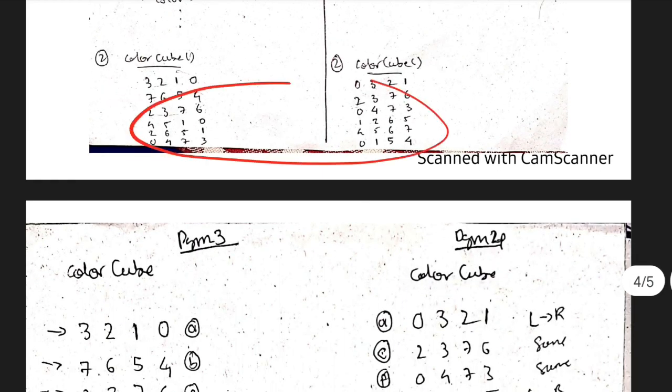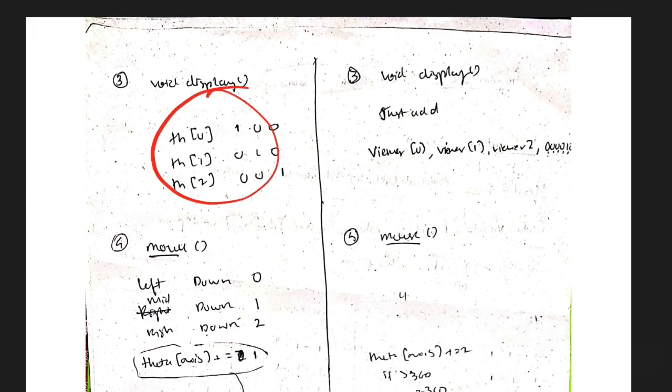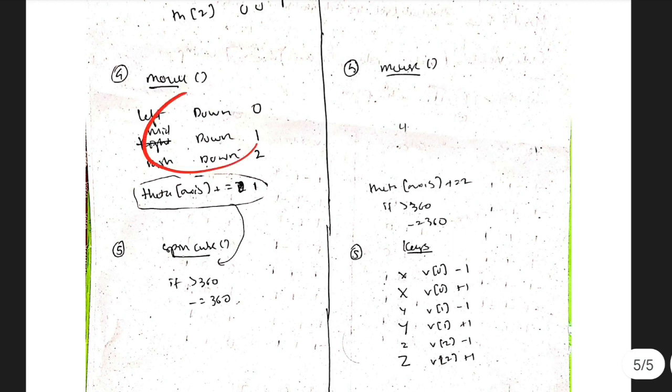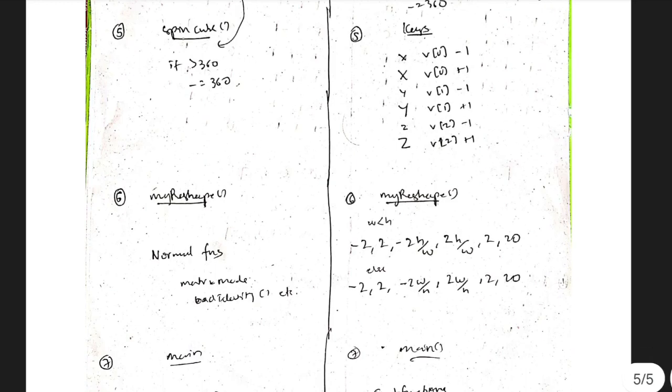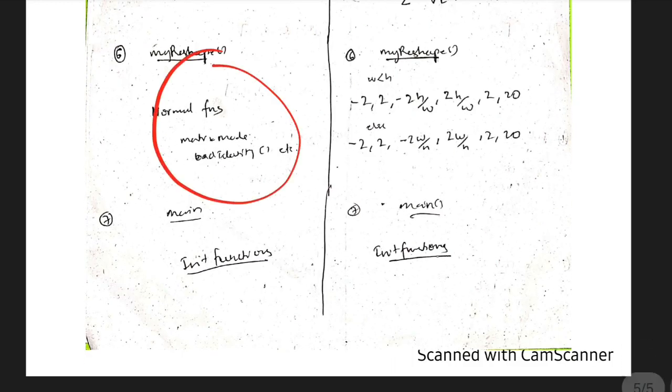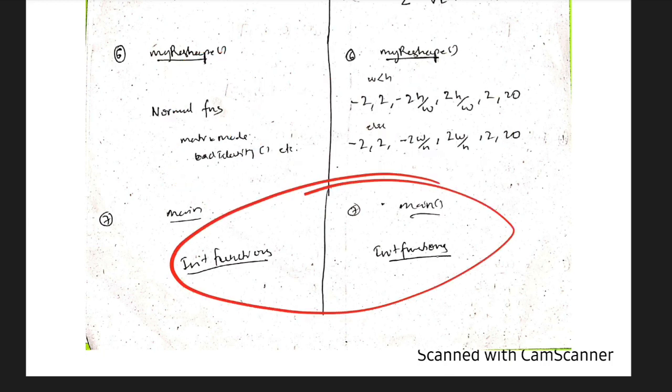And this also you remembered how to write. And the display functions are here. The theta values are written as same here along with the viewer function, and the mouse functions along with the theta values right here, and then remove that value and write in the spin cube here. In the keys values you write here and keep the mouse function as same. And we have my reshape function, normal functions, and along with that write these two lines of code. We discussed how to write that, and in the main function just the initialization function.